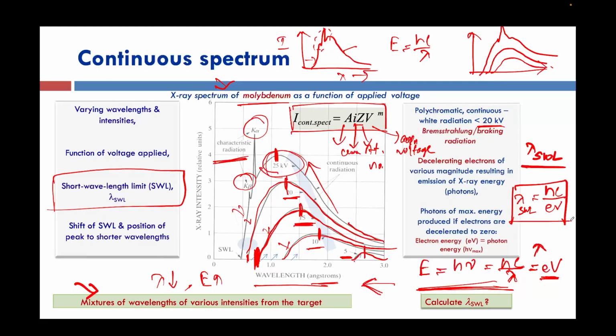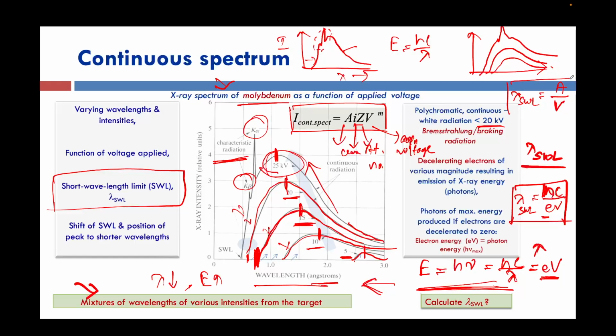When you calculate, h is the Planck's constant, 6.6 into 10 to the power minus 34 joule second, and c is the velocity of light, 3 into 10 to the power 8 meter per second, and e is the electron charge. So when you calculate lambda SWL, you get some constant, let's say A, divided by V.